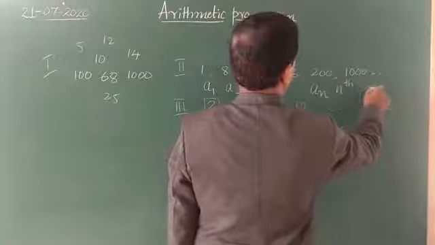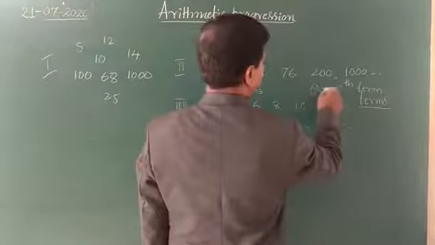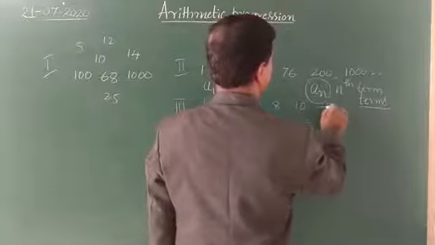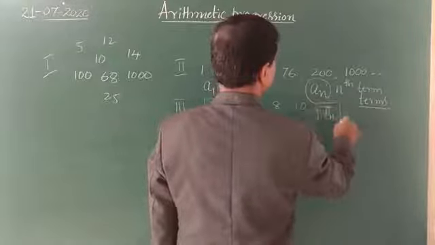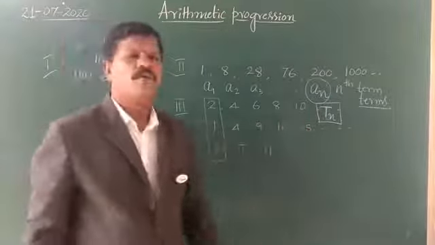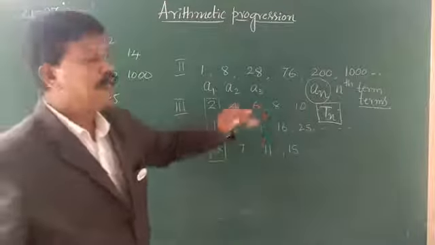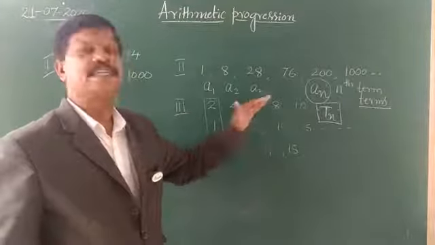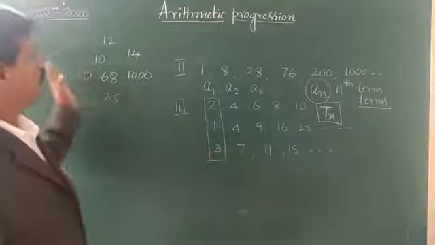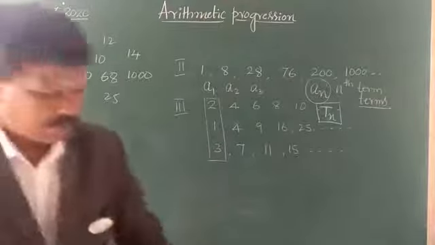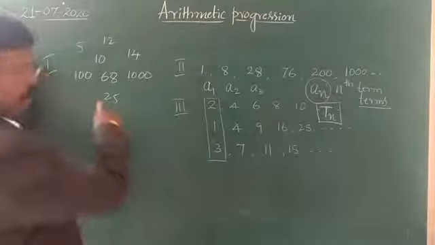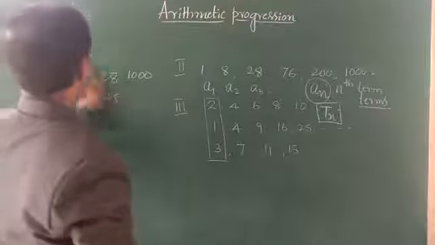You can write it as Tn or An, you can use any one. They are called the nth term of a sequence or a progression. This is the definition. I am writing the definition on the board. You just see that. Are you clear on this?